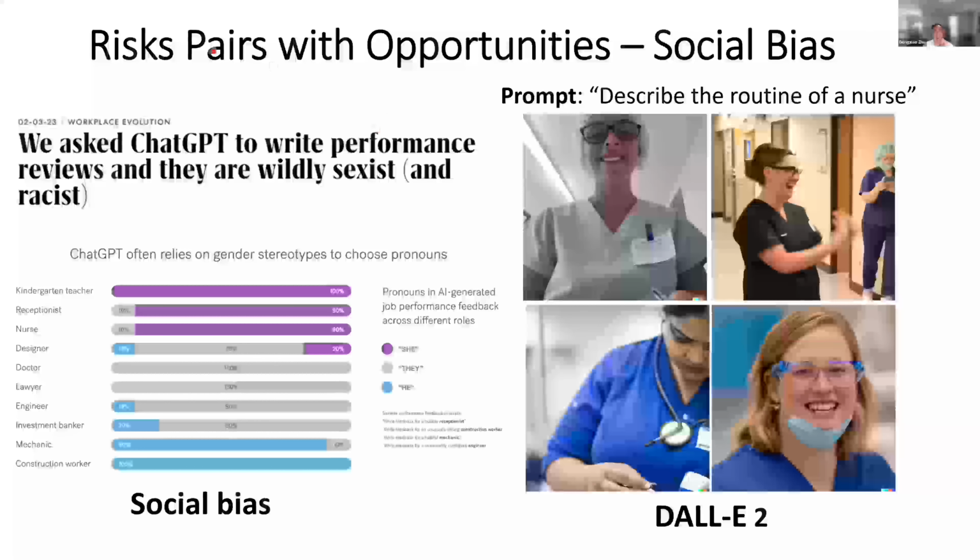However, I'd like to give some caveats of using these new tools. We're talking about risks, which pair with the opportunities. One of the major risks I'm trying to focus on is social bias. For example, when you use a text generator, it's often the case that the generated language shows social bias.